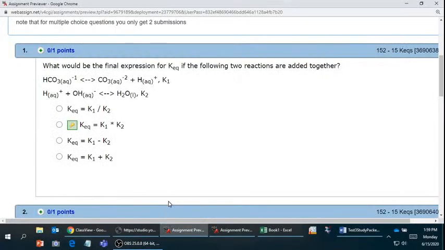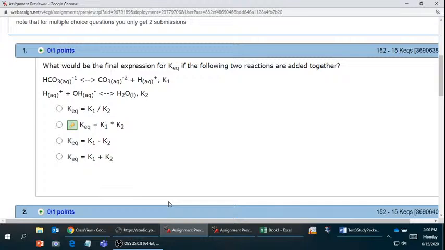So we'll start with manipulating equilibrium constants, and this is one we're not going to worry about numbers so much as understanding what the end result of manipulating these equilibrium constants are. This kind of starts showing up as you get to higher levels of chemistry. So the question is, if the following two reactions are added together, what happens?